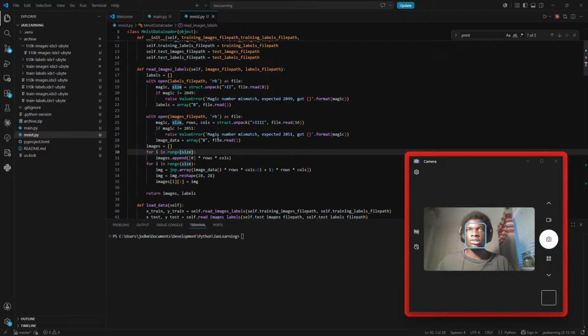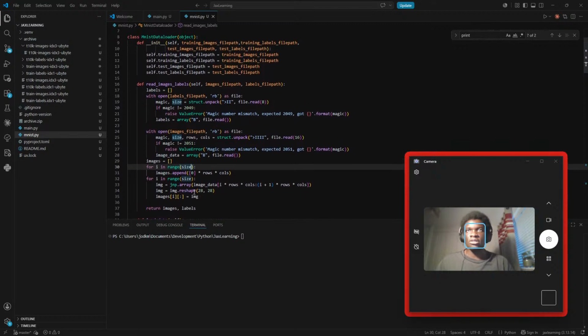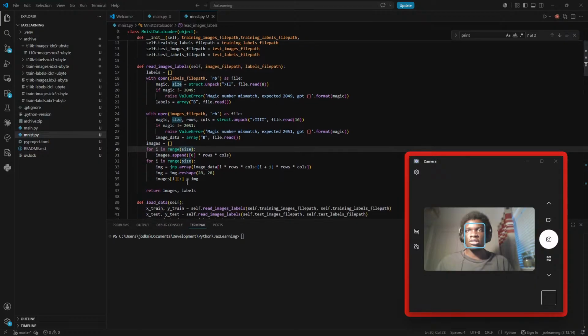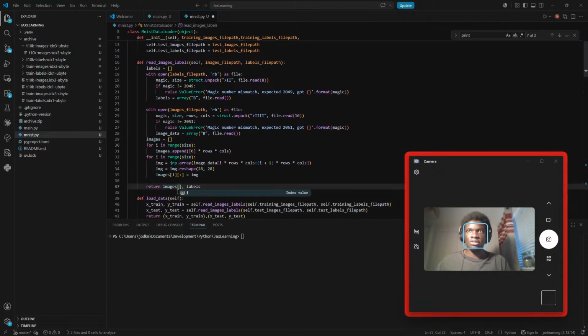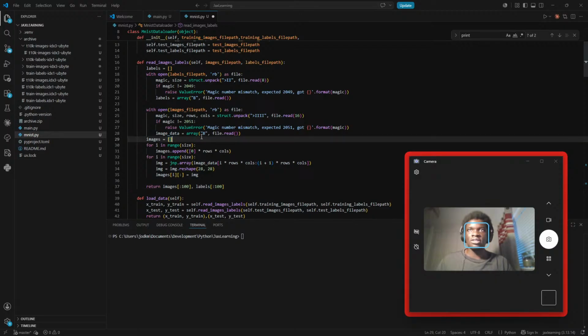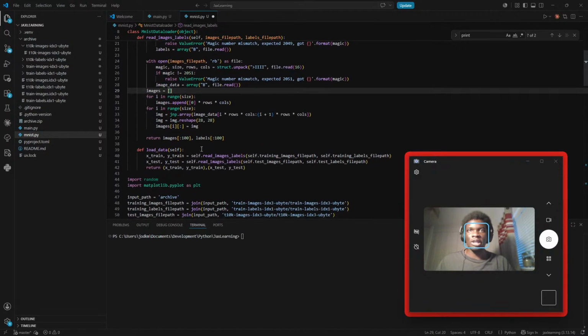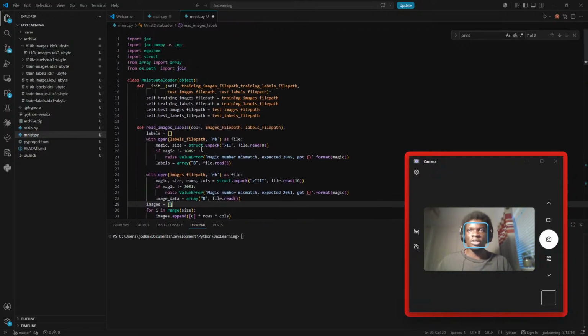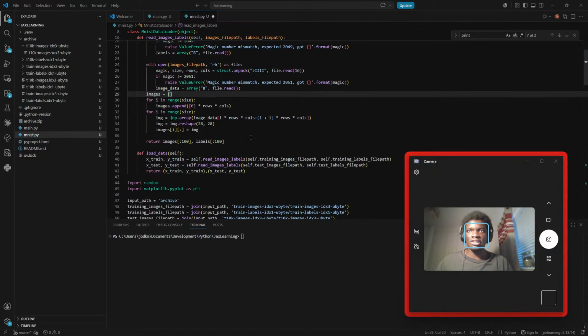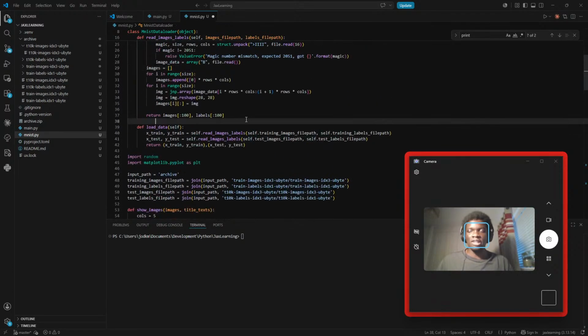Range size. Where's the labels being assigned? Okay, so I guess we'll just take the first K of these. But is the problem actually with reading here or later on when we process? I don't know, we'll see.